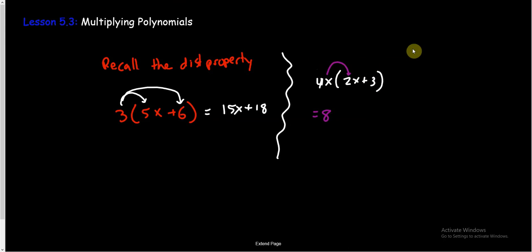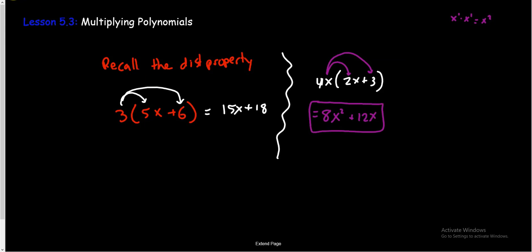And x times x, remember we have exponent rules for this. X to the first times x to the first says when I'm multiplying like bases, I add the exponents, and that's x squared. So this first term is 8x squared, and 4x times positive 3, well, that's positive 12x.